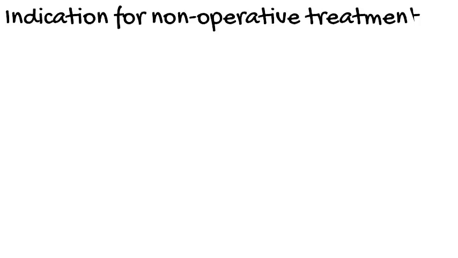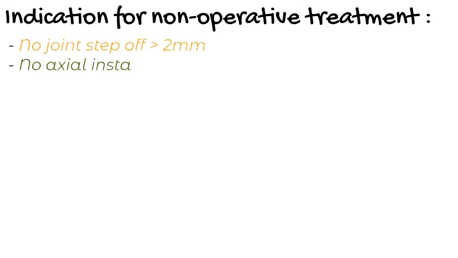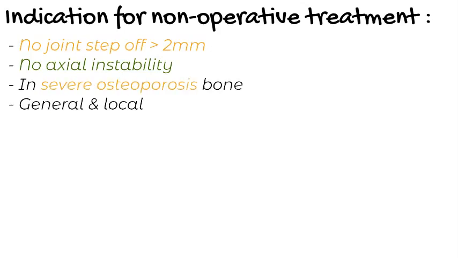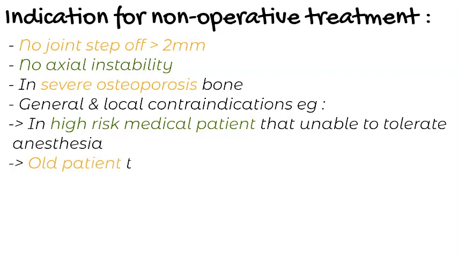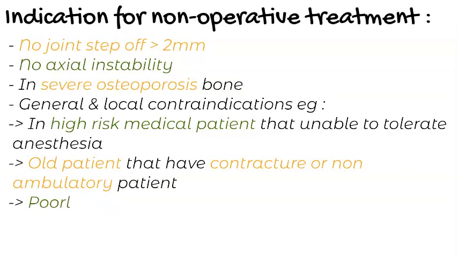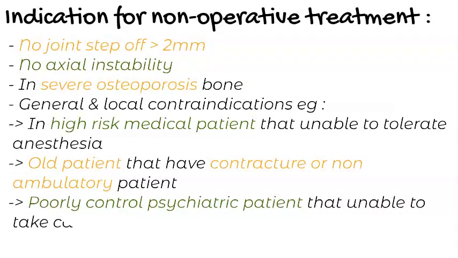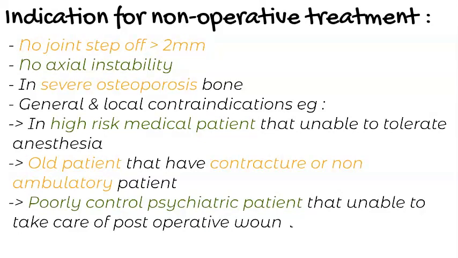Indication for non-operative treatment: no joint step off more than 2 mm, no axial instability, severe osteoporotic bone, general and local contraindication, for example, high-risk medical patients who are unable to tolerate anesthesia, or patients who have contracture, or non-ambulatory patients, poorly controlled psychiatric patients who are unable to take care of the post-operative wound that may lead to surgical site infection.